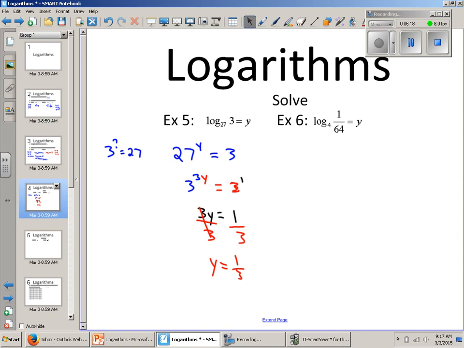Okay, let's look at number 4. First thing I want to do is change it to exponential. So I have 4 to the y power equals 1 divided by 64. I want to make the bases the same. I'd like to have my base as 4. So 4 to what power is 64?